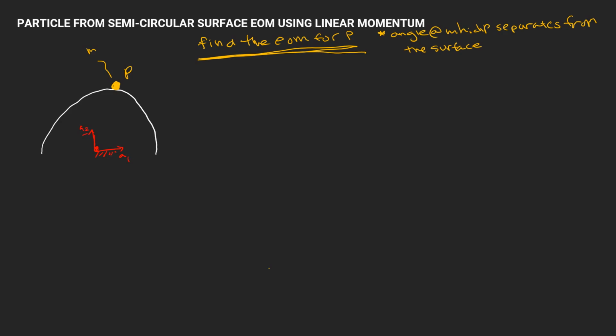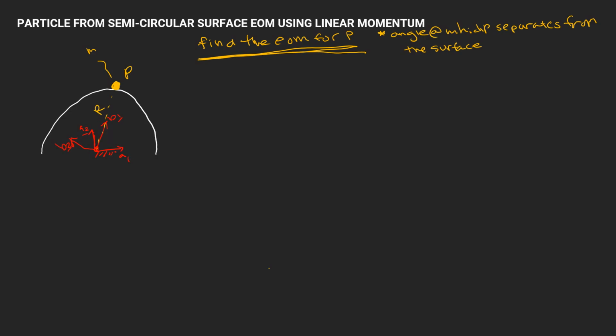And P can roll around the surface, so it makes sense to define a moving reference frame B, so B1 and B2. It's going to point in this direction here, and we know that this radius is r.